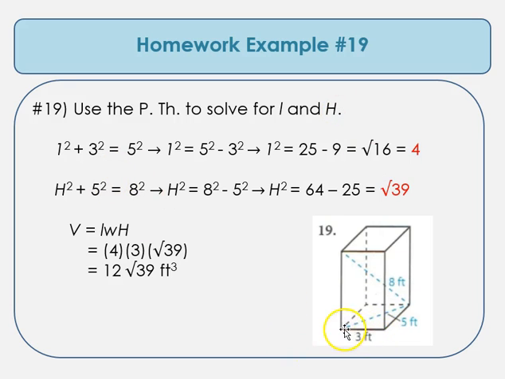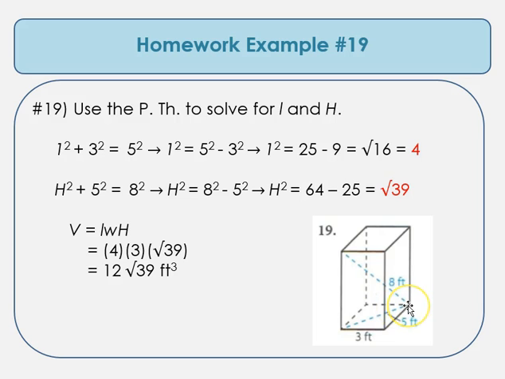So we'll begin by making a triangle, and this triangle will be a 90-degree triangle, so we can use the Pythagorean theorem. It's not 1 squared, it's slant height squared. So I'm looking at this bottom triangle, and we're actually working on the base. So it's this side, the short side here, L squared plus 3 squared equals 5 squared.